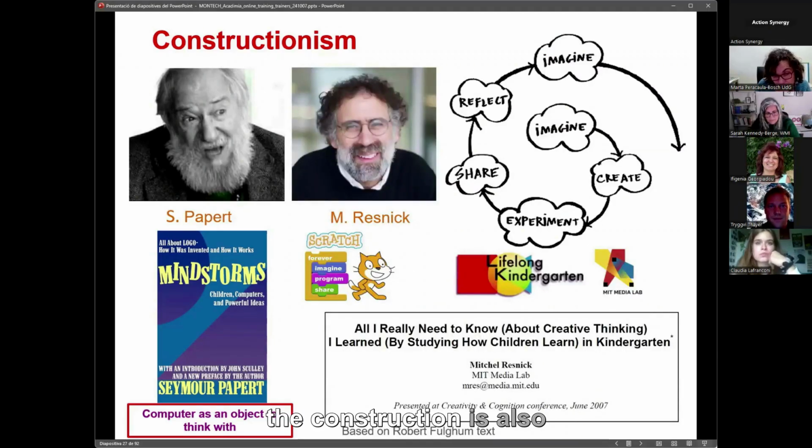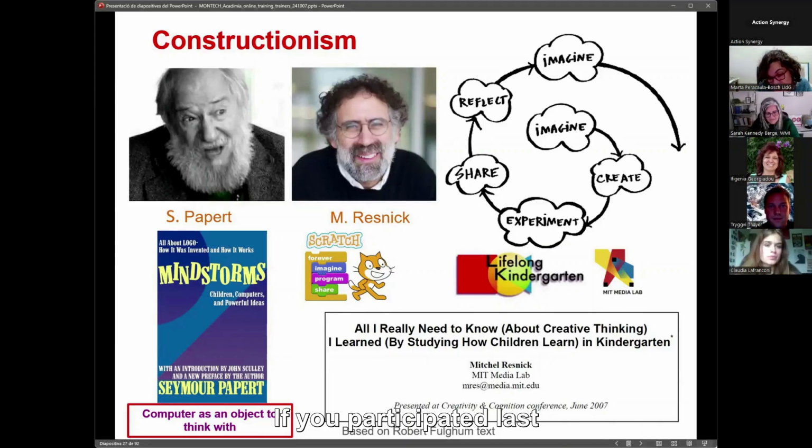Another important person inside all this world of constructionism is Mitch Resnick. He was also a disciple of Papert. We have a genealogical tree here. He's the father of Scratch, which evolved from Logo, and Scratch is a visual programming language.